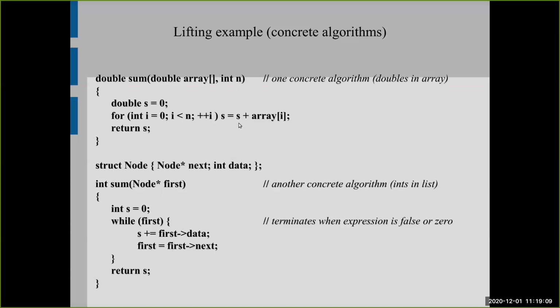But look, if we analyze this code, we can find several similarities. First, even though we have different types, we have a variable which is initialized with a neutral value. Here I have an iteration condition.